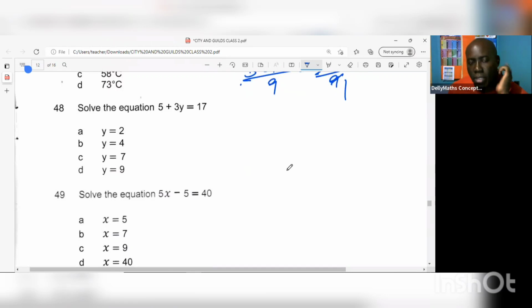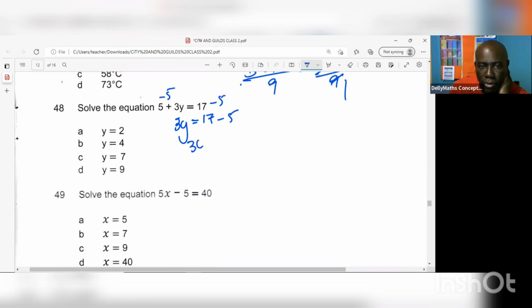Solve the following equations. So 3y plus 5 equals 17. I'm going to get the 5 to the other side, subtract 5 from both sides. So we're looking at 3y is equal to 12.